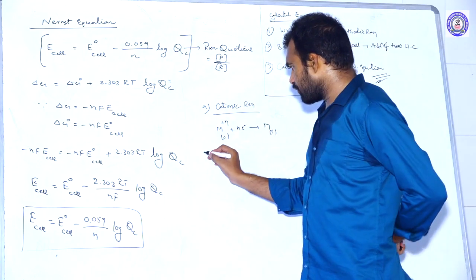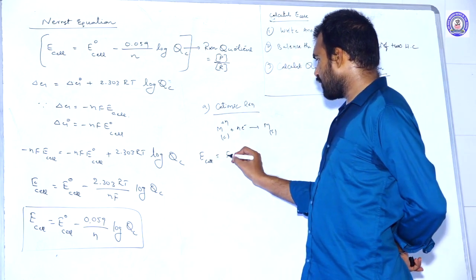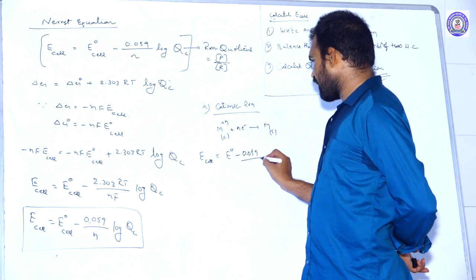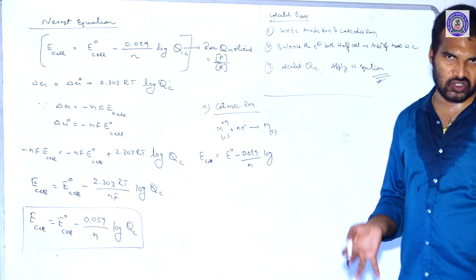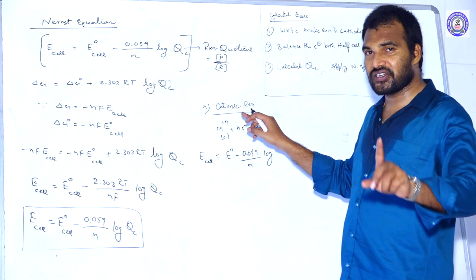For this, how will you write? E cell is equal to E naught of cell minus 0.059 by N log QC. QC means product concentration by reactant. Here the product is solid, and for pure solids concentration is 1.